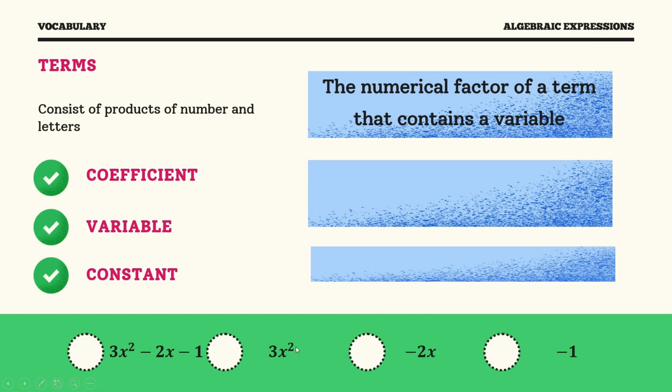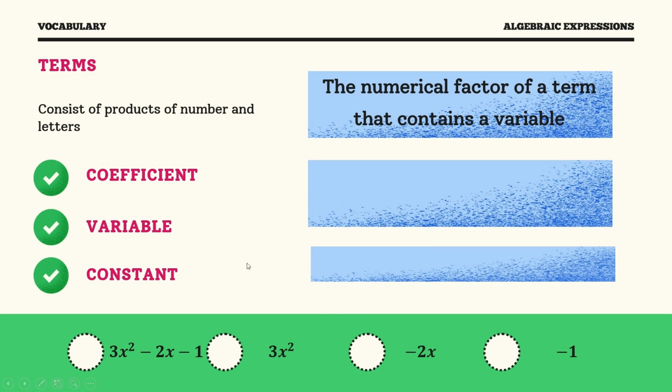So the coefficient is the numerical factor of them. In 3x squared, the numerical factor is 3. So the coefficient of this term is 3. In the minus 2x term, the numerical factor is minus 2. So the coefficient of this term is minus 2.